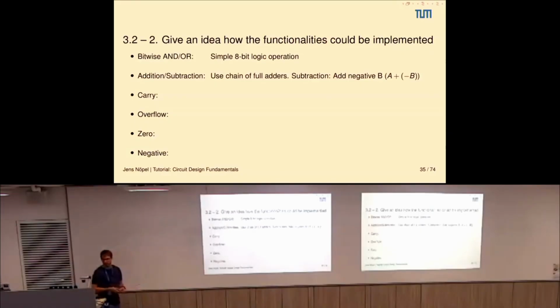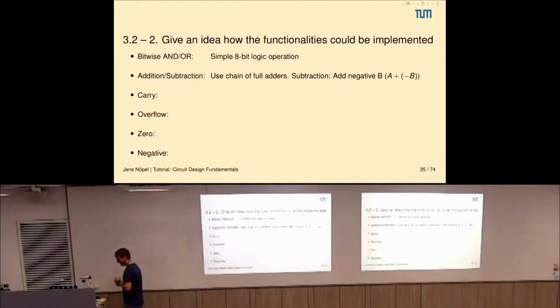For the addition and subtraction, so for the addition, I think you've already seen a lot of adders during the lecture. So one idea is, okay, we're going to use a chain of full adders. What exact kind of adder we use, never mind. But how are we going to do a subtraction?